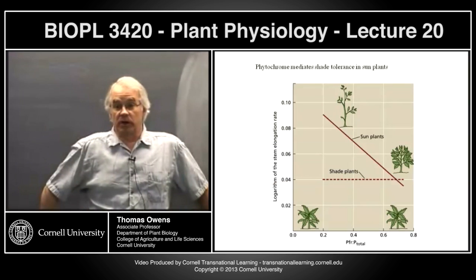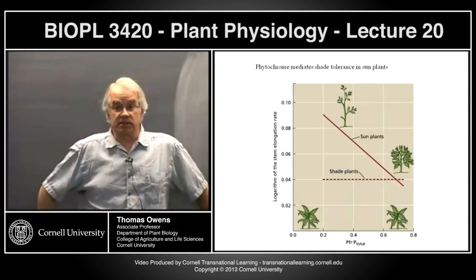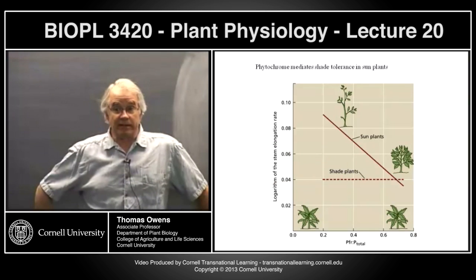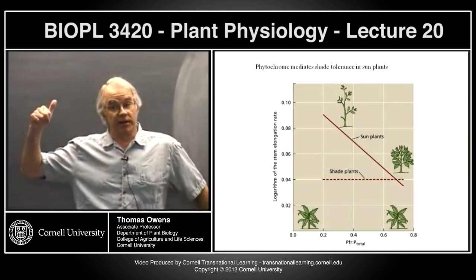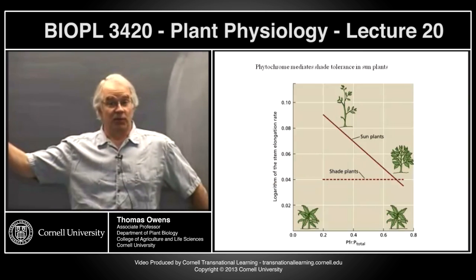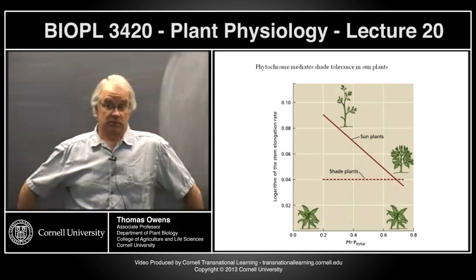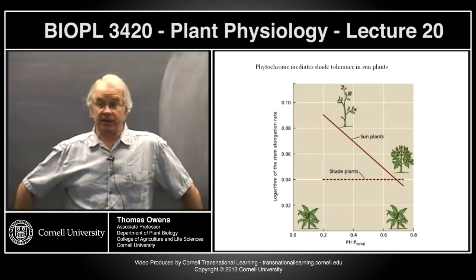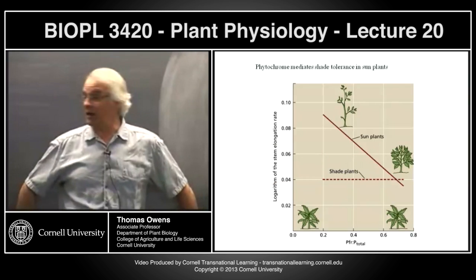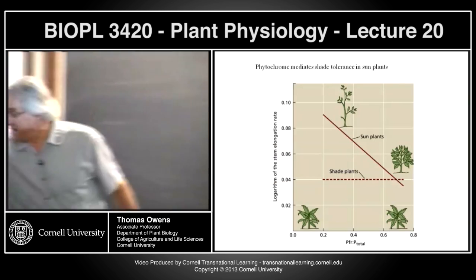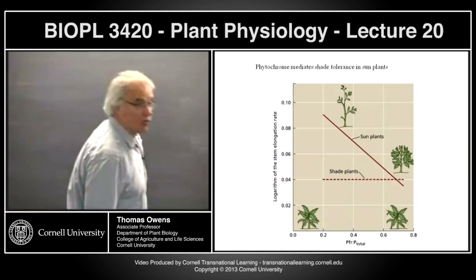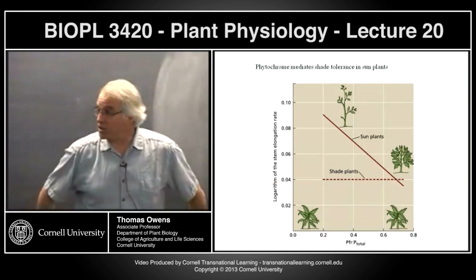So the question is what controls this, and it shouldn't be particularly surprising that it's the red, far red ratio of the light. Because remember that under the canopy, the red light's been absorbed, and far red light is what's dominating under a canopy. So the red, far red ratio of the light, and therefore the ratio of PFR to the total Phytochrome is going to change.